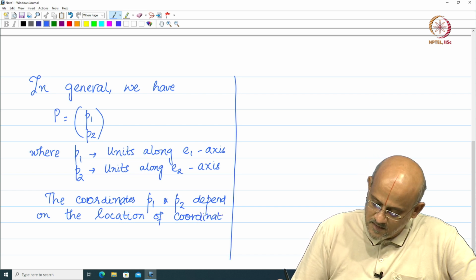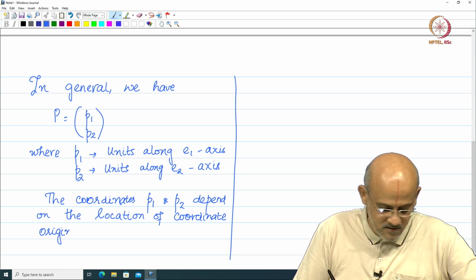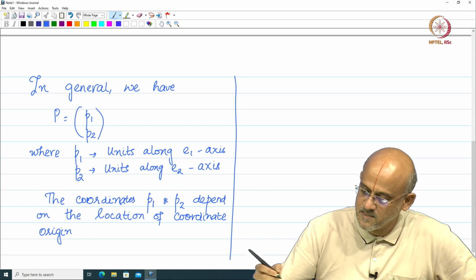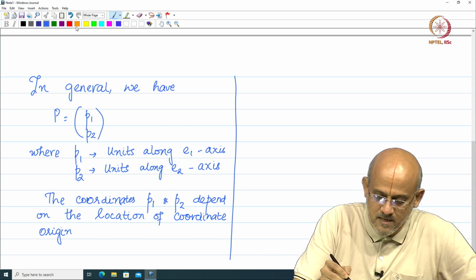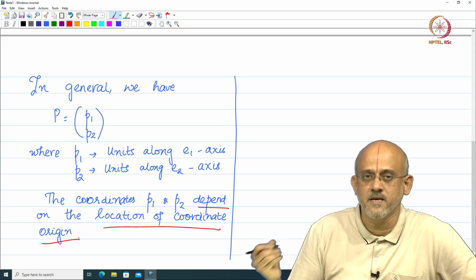It is very easy to understand that if we change the origin, then the coordinates change, right. Let us look at a typical example. What is it to say that it depends on the location of the coordinate origin?